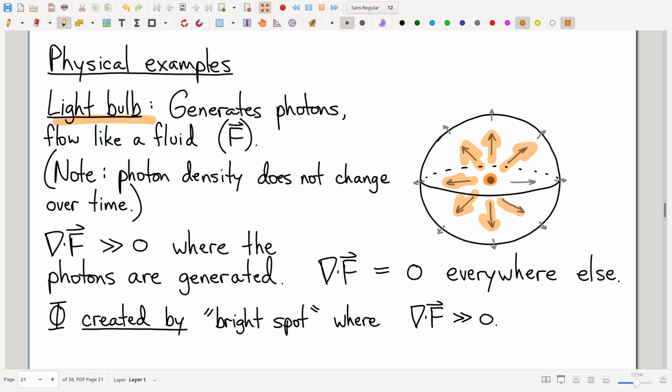Now you'll notice the way I have this drawn that the field vectors get shorter as you move further out. Now what's going on there? Are the photons slowing down? Not at all. Remember, sometimes when you represent the flow of a fluid, you represent that fluid flow with velocity, but sometimes you represent the flow of fluid with density times velocity, right?